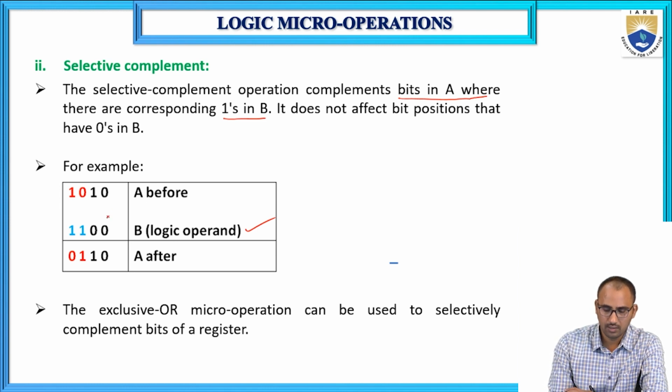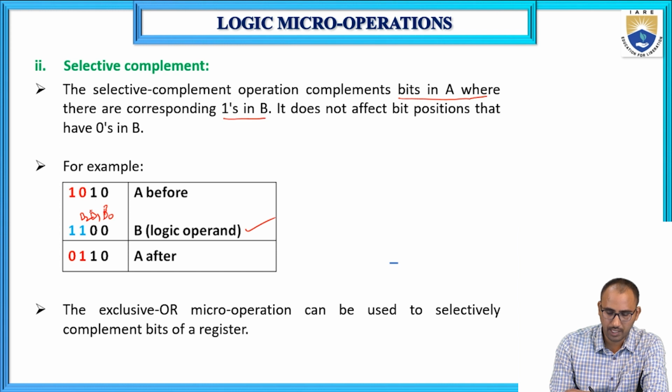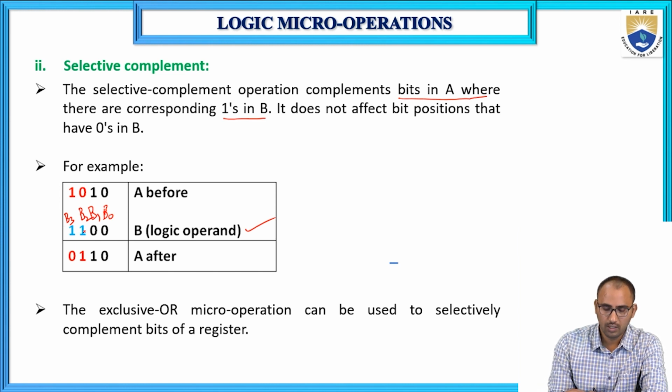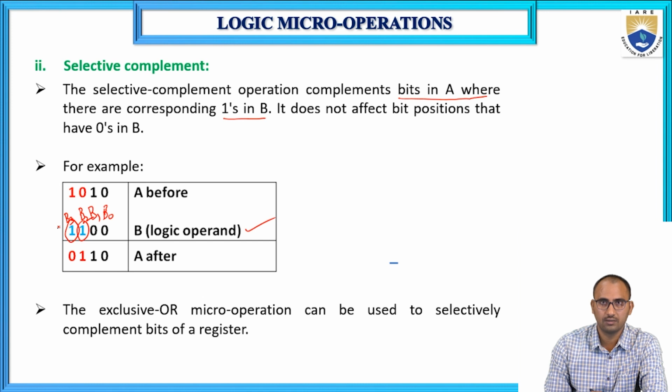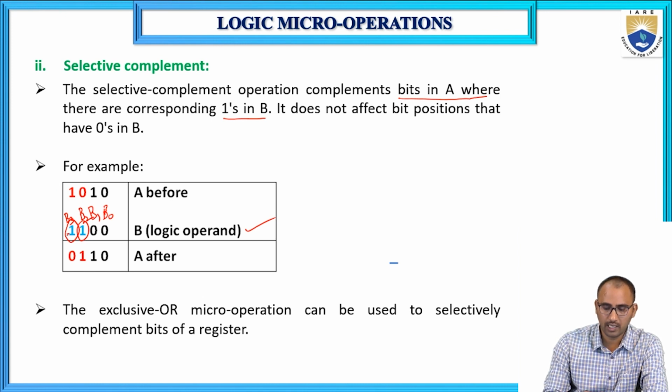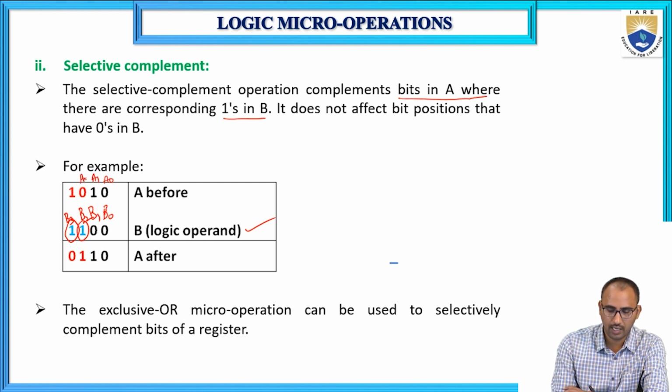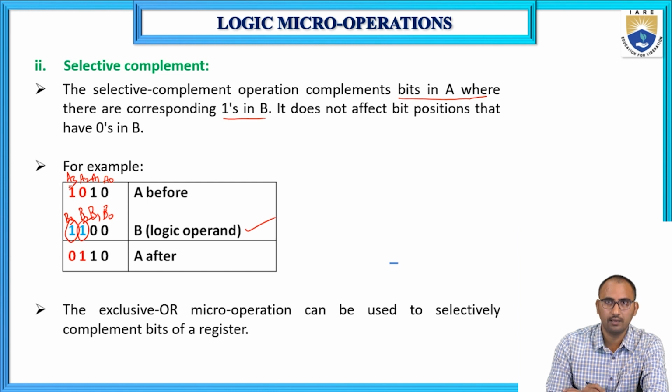This is D0, D1, D2; otherwise you can name it B0, B1, B2, B3. So B2 and B3 positions are logic ones. The corresponding bits in the A register are A0, A1, A2, A3.